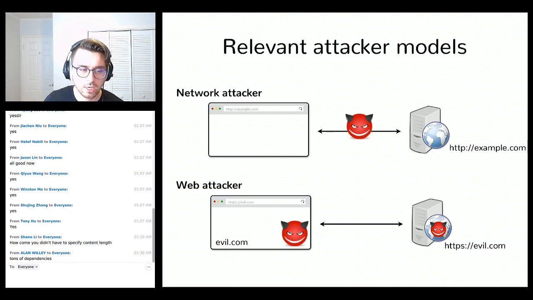The one that we're really going to spend time on is called the web attacker. Here, the idea is that the attacker is running in your browser. You might have clicked on a link that you shouldn't have clicked on that navigated you to evil.com.